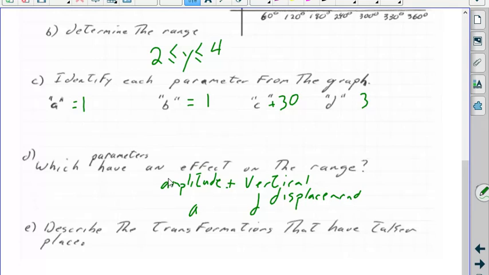Now the transformations that would have to take place in this case, we have 30 degrees to the right and 3 up.